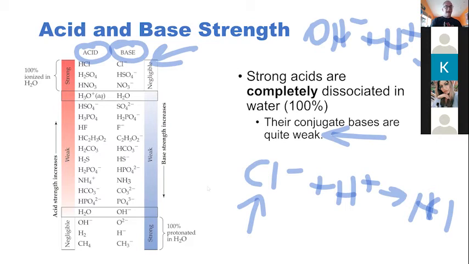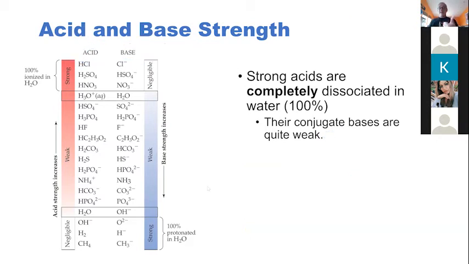Now, on the other hand, weak acids have a very strong conjugate base. And so, for instance, let's look at H2, which is an extremely weak acid. Why?